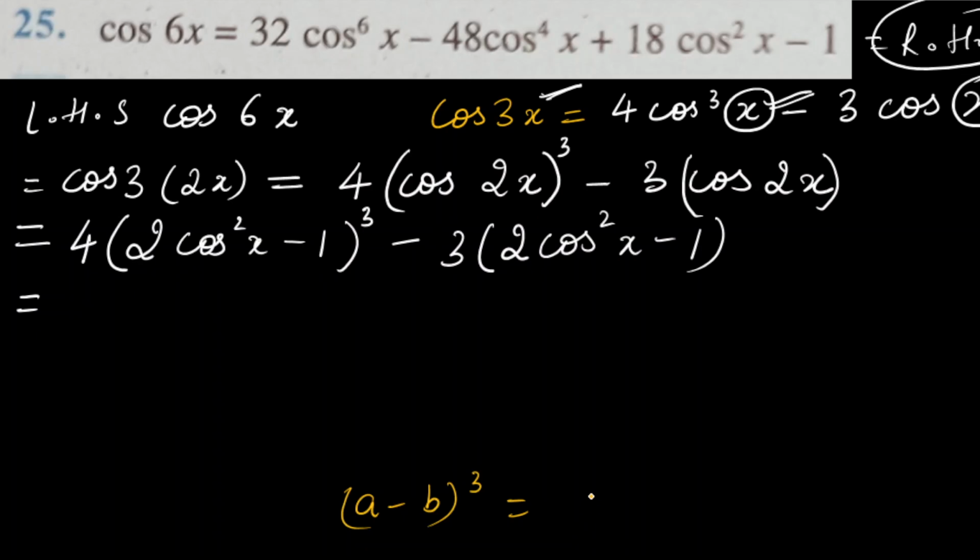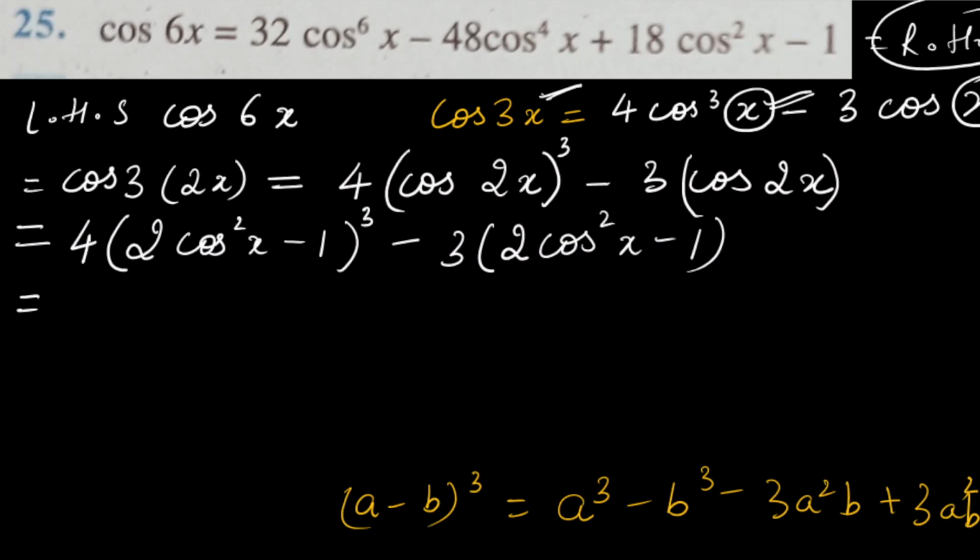In case you don't remember, I'm just going to write it down. a minus b whole cube is equal to a cube minus b cube minus 3a square b plus 3ab square. So this is the identity.